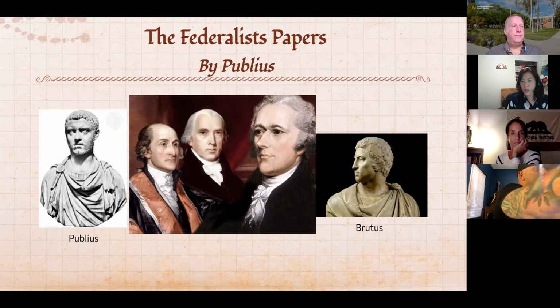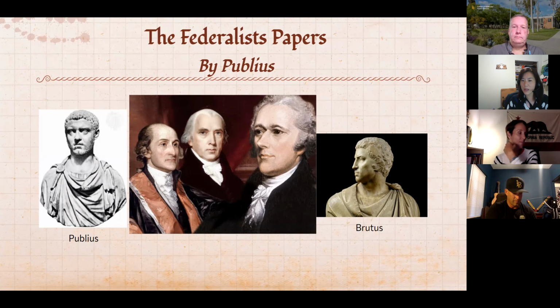It is very interesting to note that the pen name Publius makes reference to one of the ancient Roman aristocrats who overthrew the Roman kingdom in the late 6th century to establish the Roman Republic. So one way to think about it is that Madison is viewing himself and other Federalists as trying to establish a strong republic.